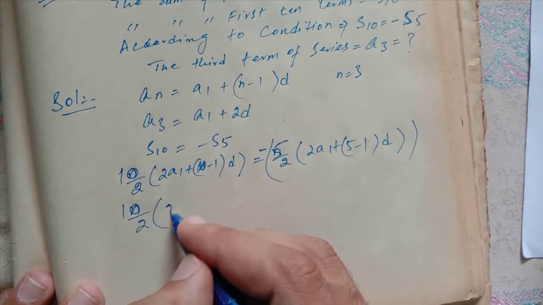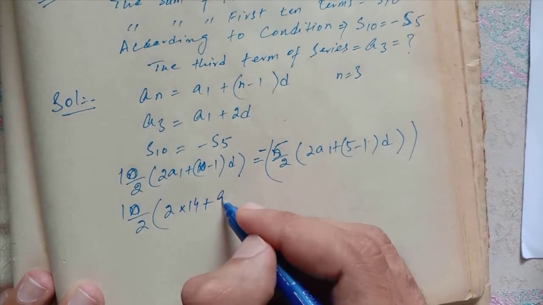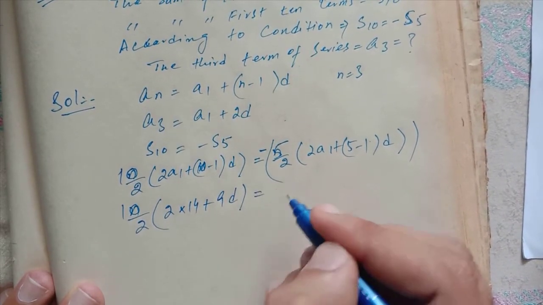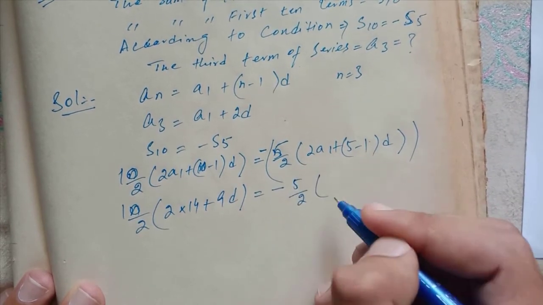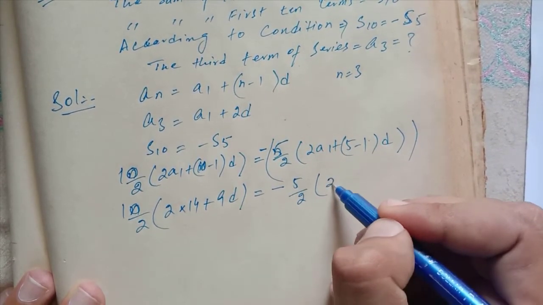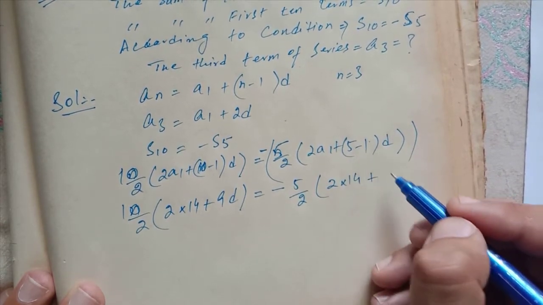Now 10 by 2 into 2 into 14 plus 9D, and this equal to minus 5 by 2 into 2 into 14 plus 4D.